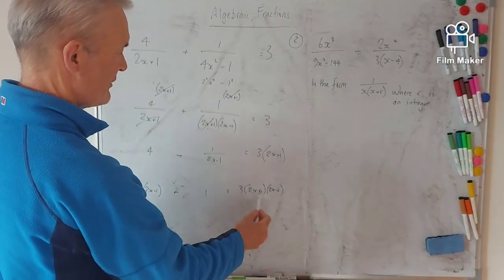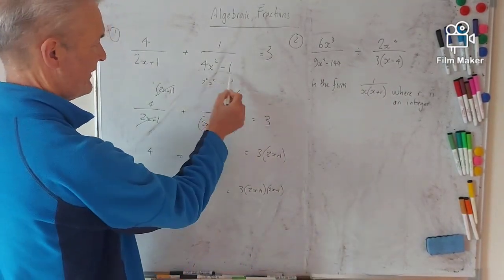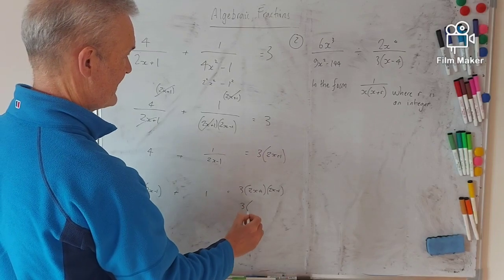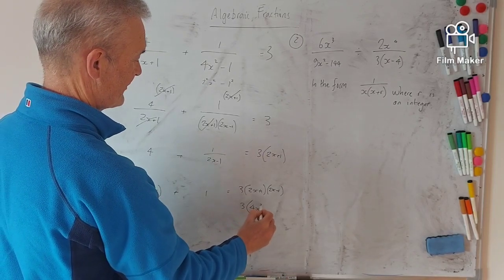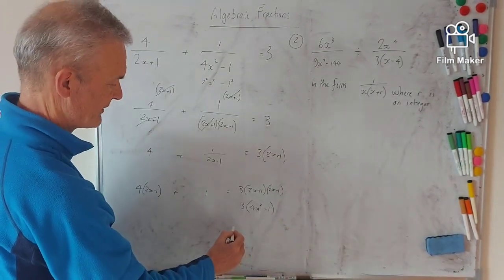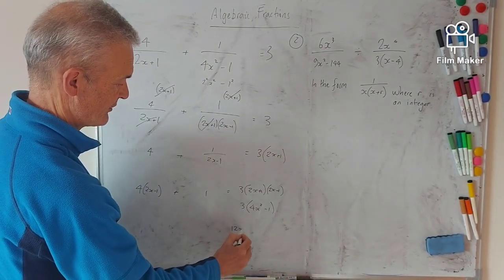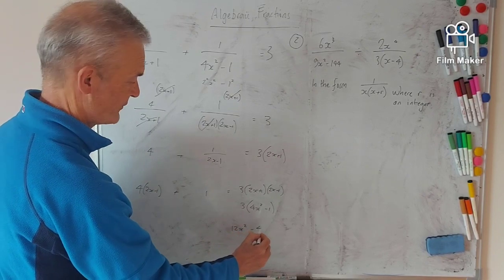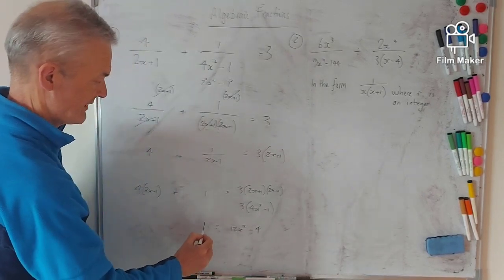So we know that this here is the difference of 2 squares. It's just basically 3 times 4x squared minus 1. Okay, so if I multiply that out, I'm just going to get 12x squared minus 4 there. I've got 1 here.